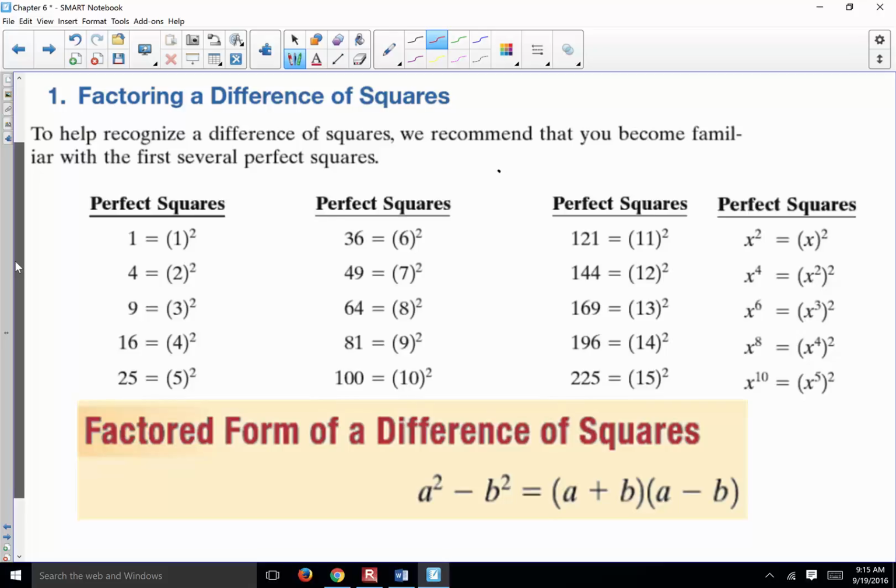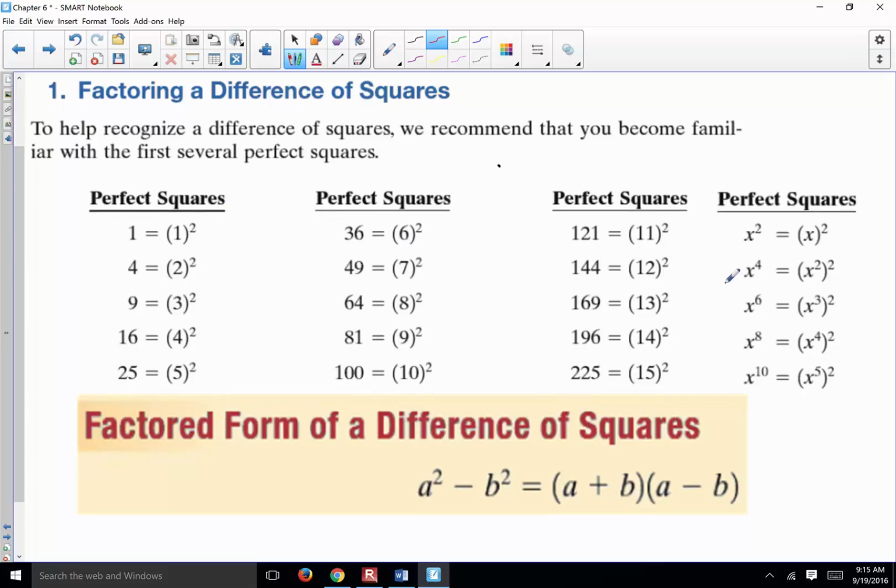Perfect squares, numbers and variables, there are two cases. It happens in numbers, it happens in variables. When they are numbers, those numbers can be written as a square of another number. We call such numbers perfect squares, such as 9 is a perfect square because I can raise another whole number, 3, to the power 2.